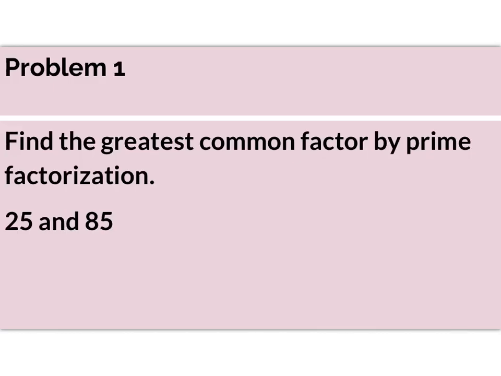Okay, so 25. You're going to have to practice these things, but 25 is 5 and 5, and 85 breaks down into 5. And how many times does 5 go into that 85? And how do I know that 5 goes into 85? Because the number ends in 5.